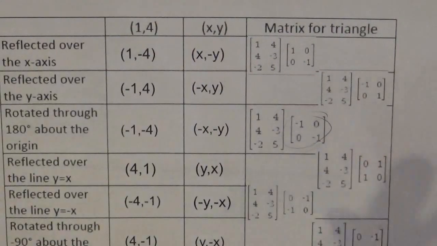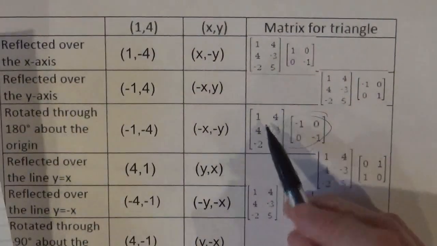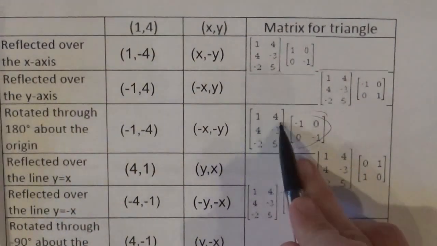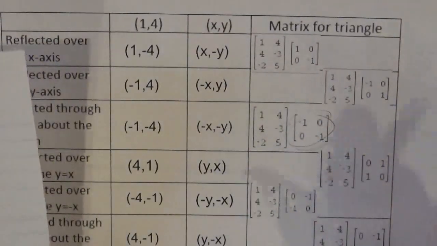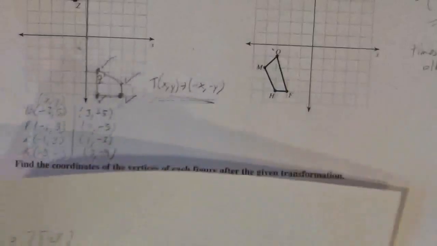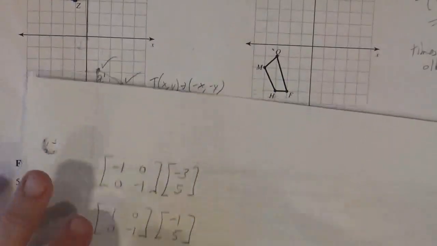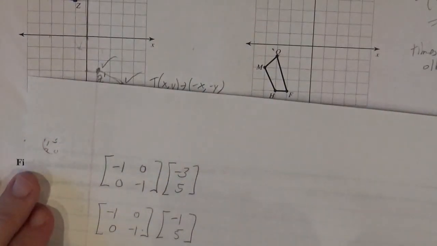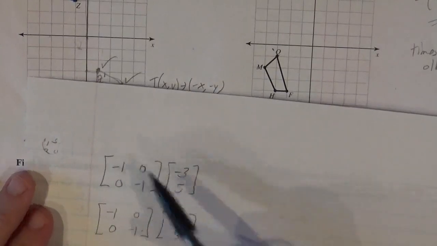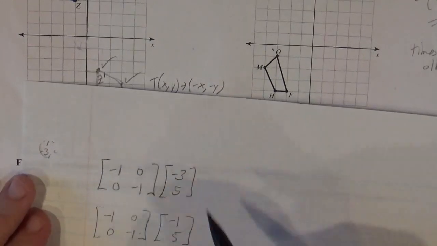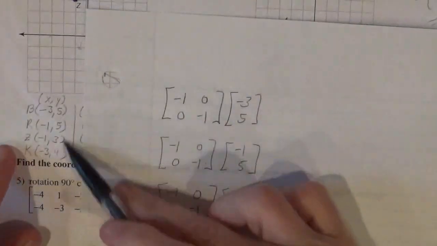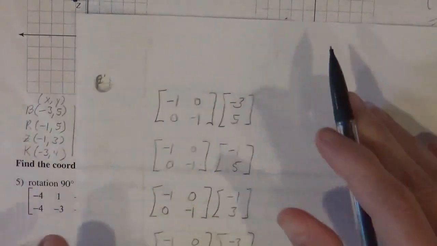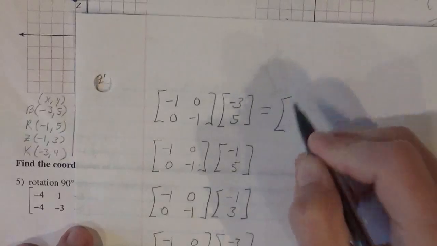I could do this all at once, taking every point and multiplying by the matrix, or I could do it point by point, which is what I have set up here. The transformation matrix they gave us for this is negative 1, 0, 0, negative 1.